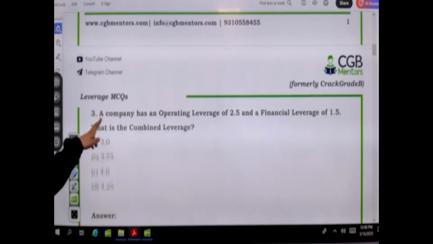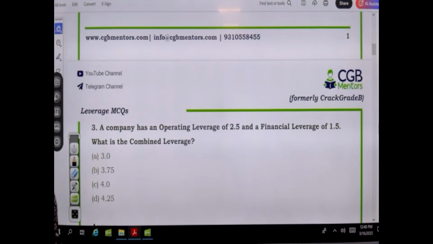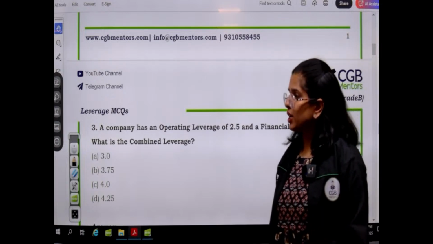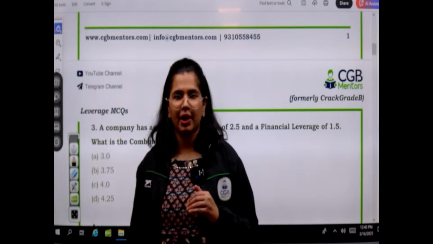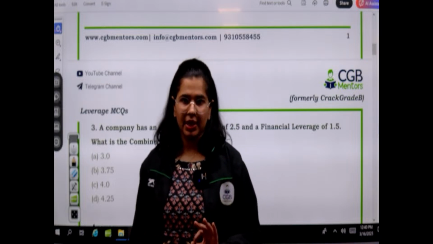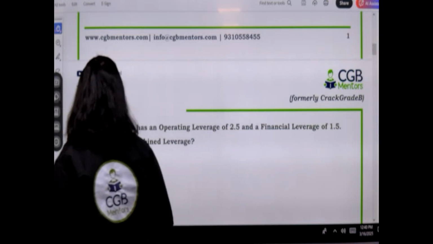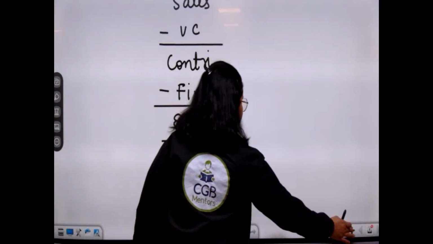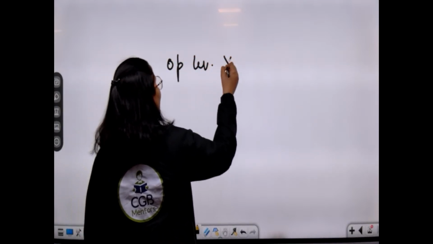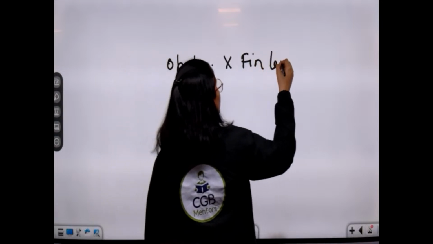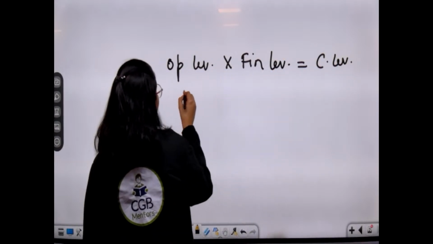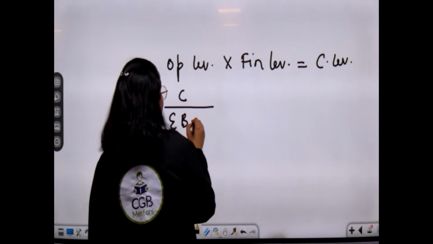Next question. Again, a company has an operating leverage of 2.5 and financial leverage of 1.5. What is combined leverage? You also have a straight formula for combined leverage. What is it? Contribution upon EBT. I repeat, contribution upon EBT. Remember this. Operating leverage multiplied by financial leverage gives you combined leverage, right? The operating leverage formula is contribution upon EBIT.